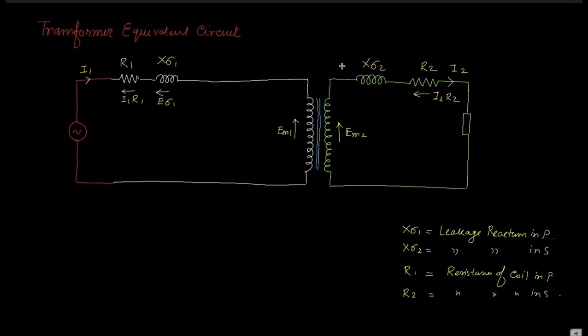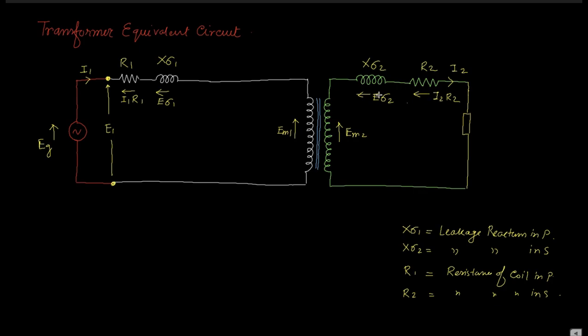In the X sigma 2, that is the secondary side leakage reactance, the induced EMF is E sigma 2. Okay. Now these are the two terminals. Here this is EG, the generated voltage, and here it is E1, the induced voltage. Now this plus this plus this gives you E1, is it?